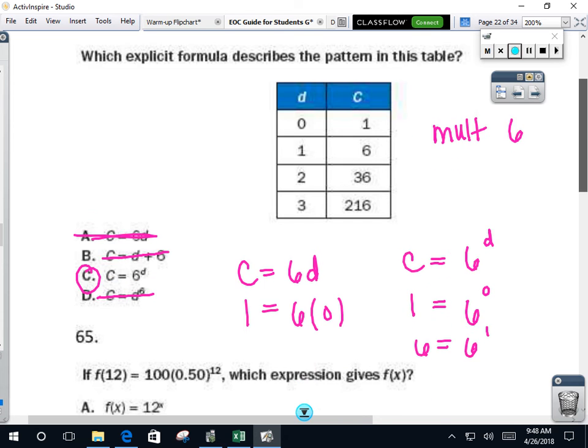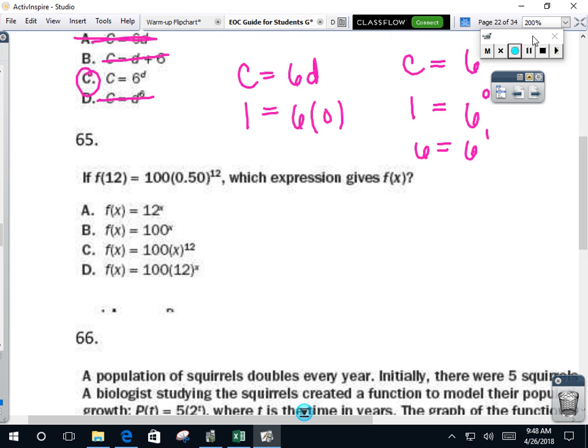All right, number 65. There's also a typo on this one. Change choice D inside parentheses to 0.50. Okay, so now it says if f of 12 equals 100 times 0.50 to the 12th power, which expression gives f of x?